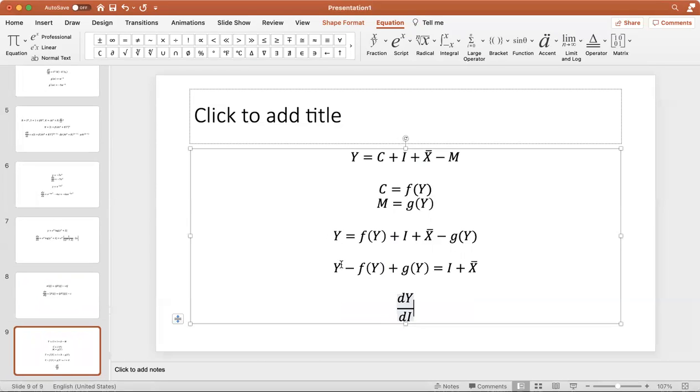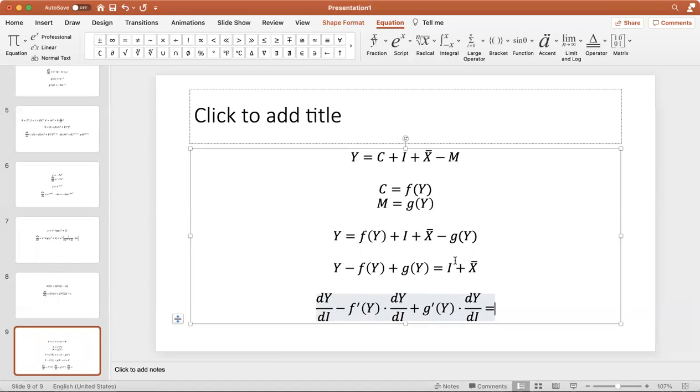Basically, the derivative of the first term, minus f prime of y times dy over di, plus g prime of y times dy over di.